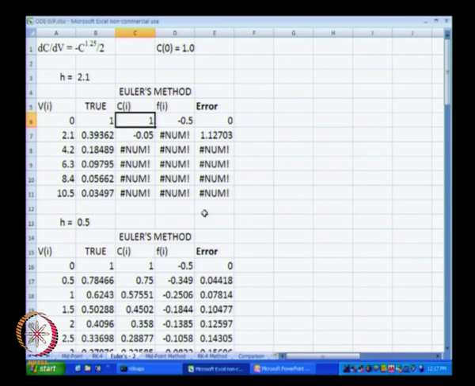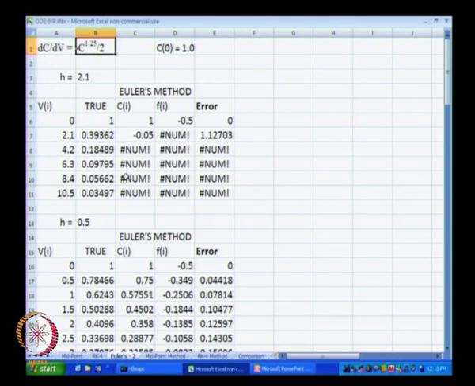What we observe quite clearly is that the concentration goes to a negative value, and beyond that our method cannot proceed. The reason why the method cannot proceed is because the concentration to the power 1.25 is a fractional power. As a result of the fractional power, because we get negative concentration, we are not able to proceed further.